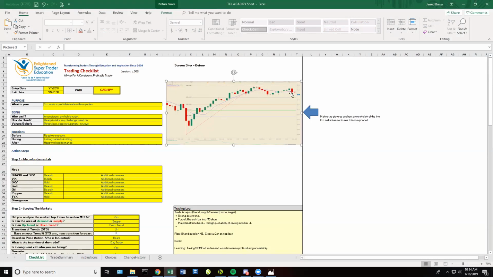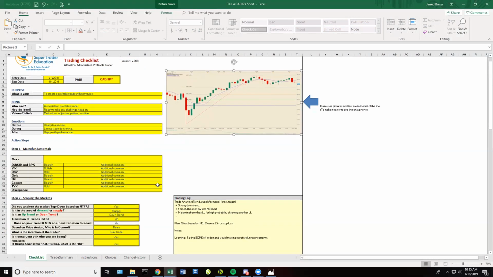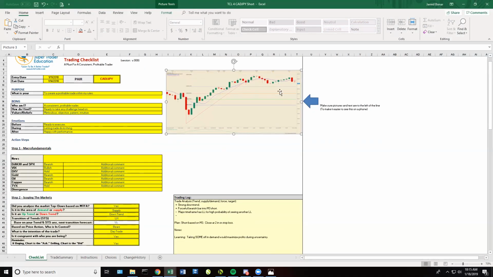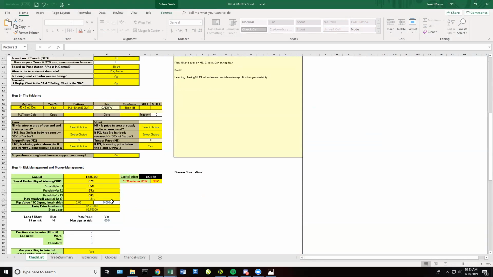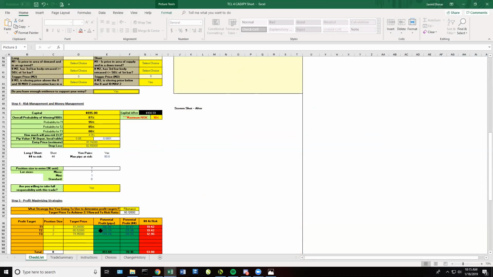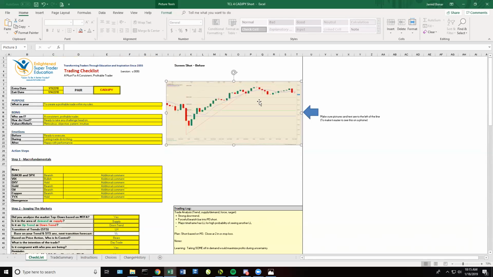Then it formed a lower high, and then it gave us an M3 to go short. It was at a level of equilibrium, but based on the downtrend, it was an equilibrium supply, and it formed a lower high. So I gave it T1, T2, T3: 81.24, 80.52, 79.95.